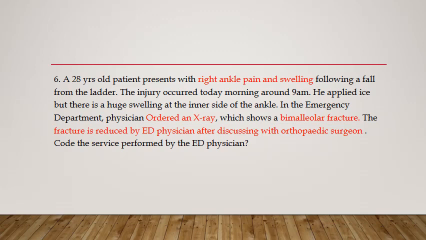Then next, check the data table. What are the investigation procedures? Anything performed? The physician ordered one X-ray. Then the physician also discussed the treatment with the orthopedic surgeon. That comes under category 3 of moderate as well as high.